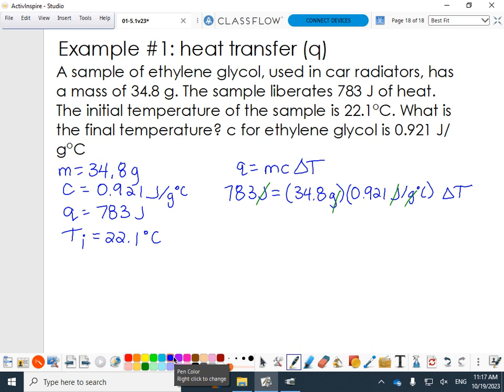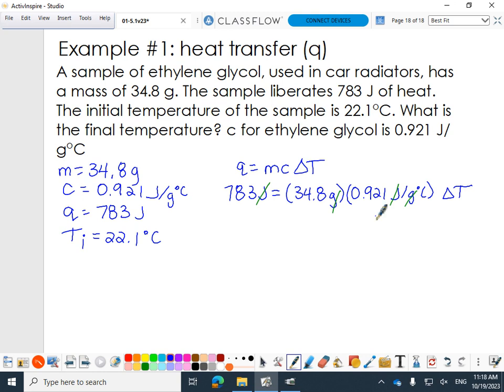I have a good relationship with my calculator. I know how to make it have brackets, because when you do these calculations and you isolate delta T, that's our x value, the unknown, then you have to make sure you multiply first before you do 783 divided by that. If you like to write out and show your inverse operations, you can. If you're sort of beyond that and you don't want to, that's fine.